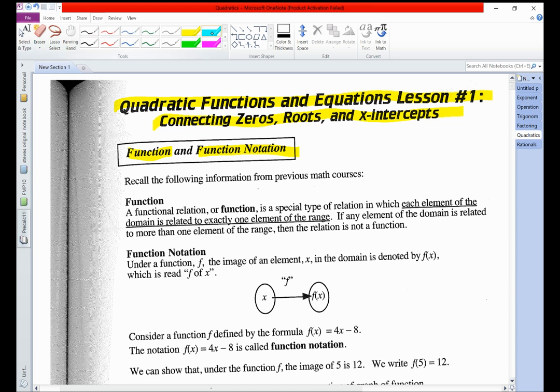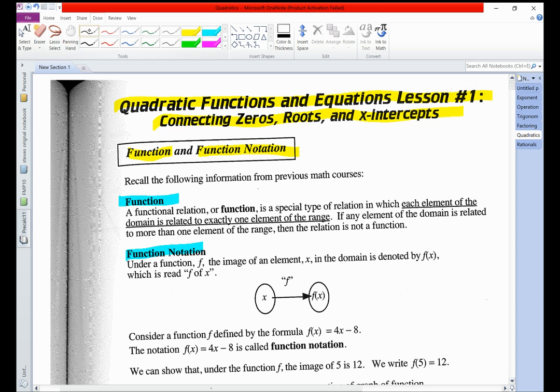They have a nice little wordy definition of what a function is and what function notation is. A functional relation, or function, is a special type of relation in which each element of the domain is related to exactly one element of the range. If any element of the domain is related to more than one element of the range, then the relation is not a function.